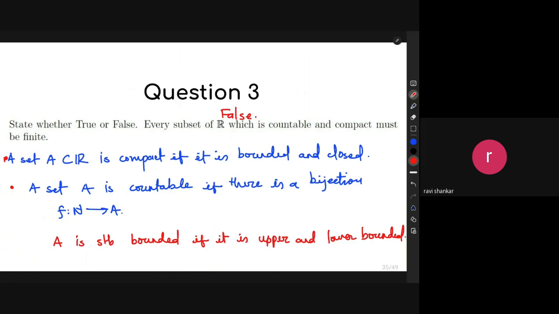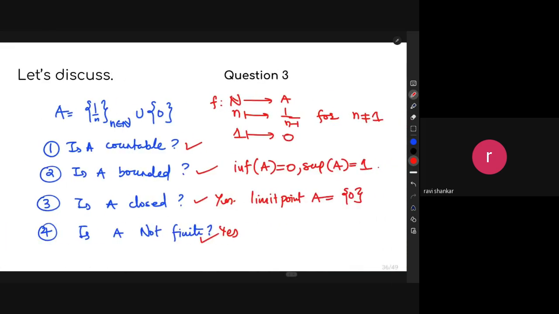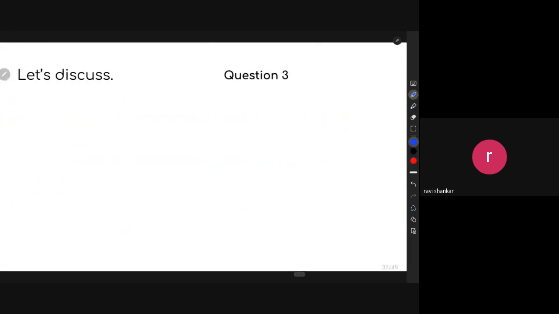Is it clear? For countability, you need to give a bijection from the natural number set to A. So you define this map carefully.